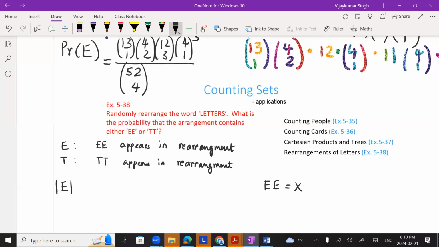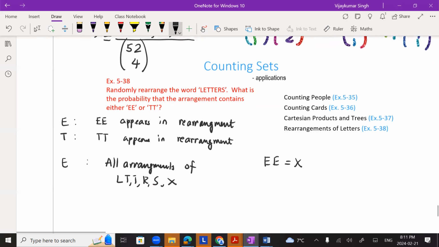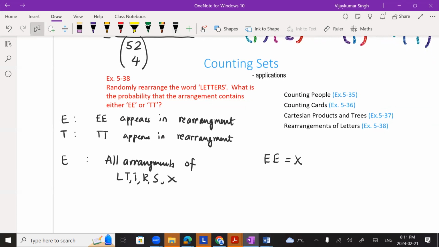We are looking at all arrangements of L, T, E, R, S, and X. Isn't it? That is basically the event E, right?